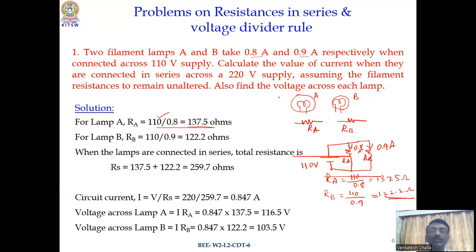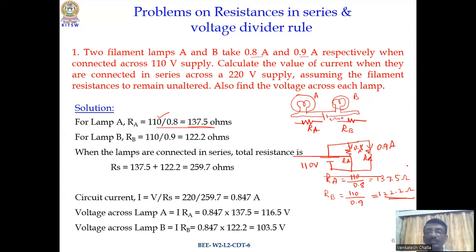Once I get this, what is asked next? Calculate the value of current when they are connected in series across a 220 volts supply, assuming the filament resistances remain unaltered. Now, instead of connecting the bulbs directly to 110 volts, these two bulbs are connected in series. If I connect them in series across a voltage of 220 volts, then what happens?